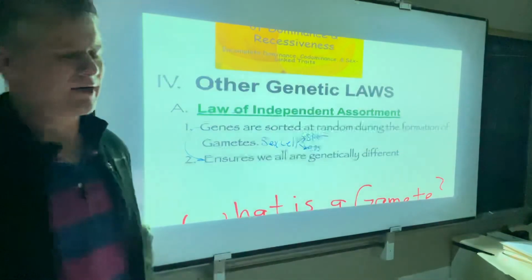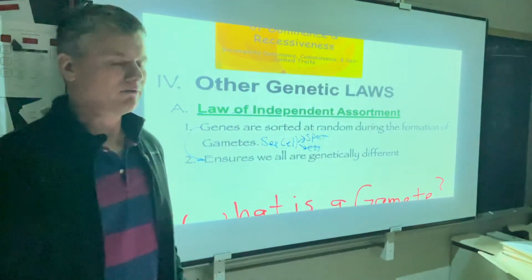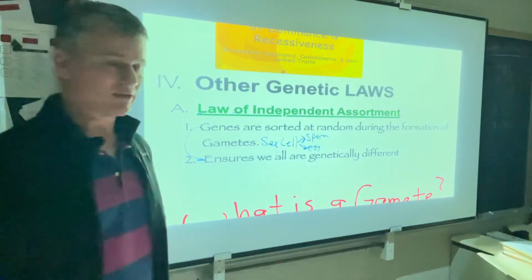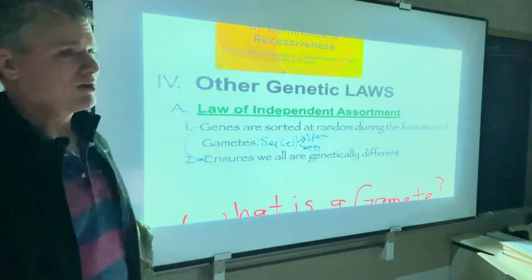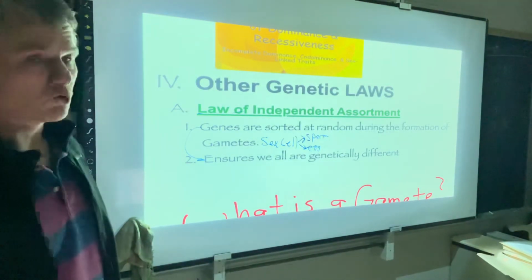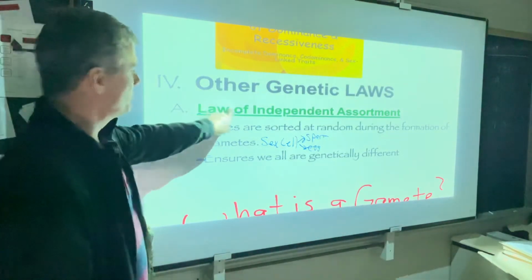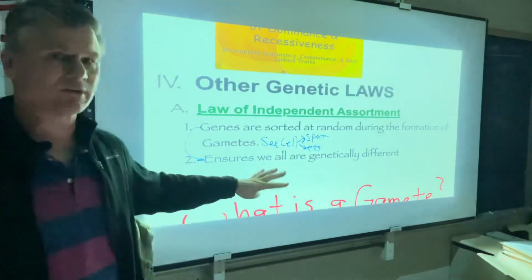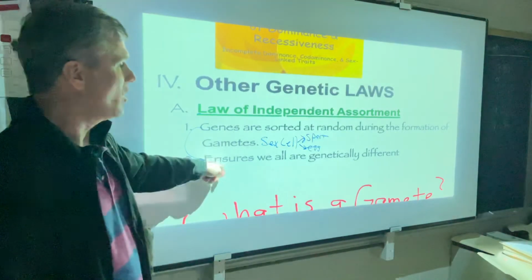So like my son and I, we are genetically different, even though we share some things. In the Jonas Brothers, you could definitely see some of the things that they share, but they are genetically different. So if you look really close, they're not identical twins. So the law of independent assortment says everything's sorted at random. It's like a random shuffling of the cards, and it ensures that we all are different.